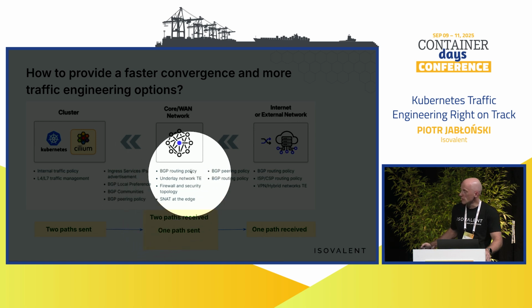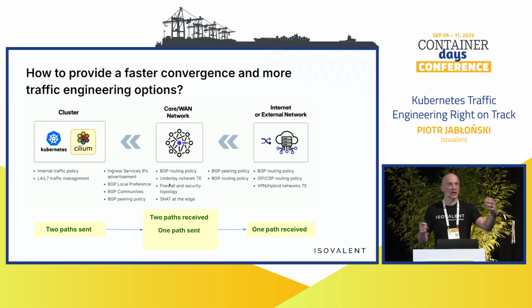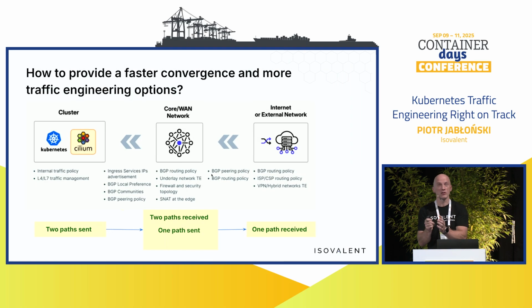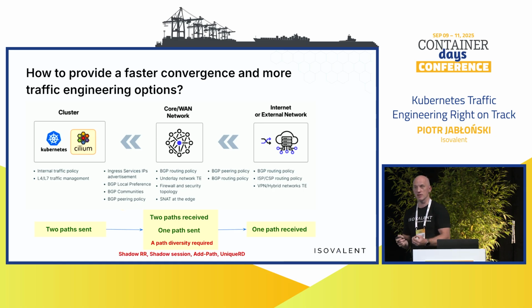If the core network is sending just one path to the Kubernetes cluster, that means the external network entities don't have the choice to do traffic engineering. It means that you need to provide some path diversity.